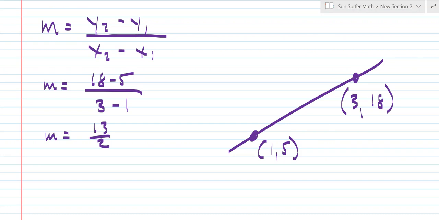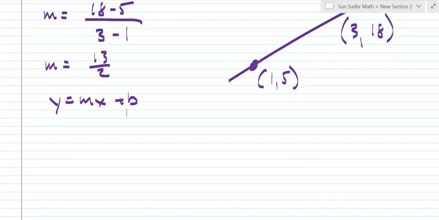The next thing that we want to do is find the y-intercept. So I'm just going to take the equation y equals mx plus b, and I'm going to substitute in what I know. Now, I have 2 points. This point is a point on the line, and this is a point on the line. We can take either one of these points and substitute the x and the y into this equation. So I'm just going to take this one right here, smaller numbers.